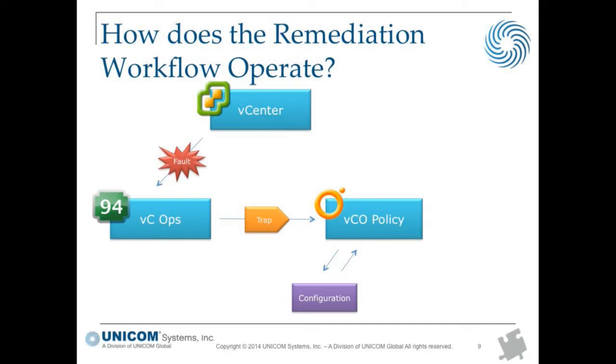Is there a workflow that's tied to a particular SNMP trap? If so, it'll compare its set of filters, such as level of criticality. Is it a warning? Is it a critical issue? If it meets those filters, then it'll launch a workflow. That workflow, of course, will operate against vCenter, and problem solved.